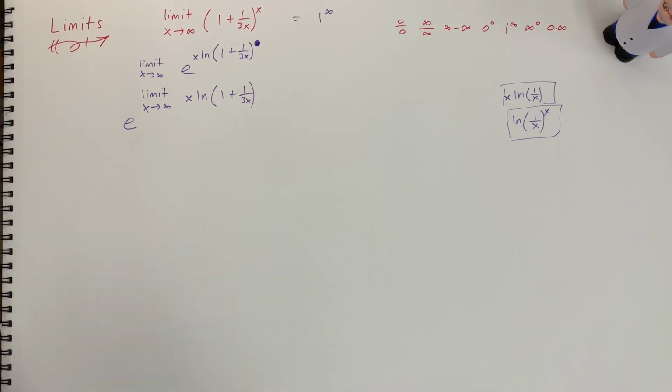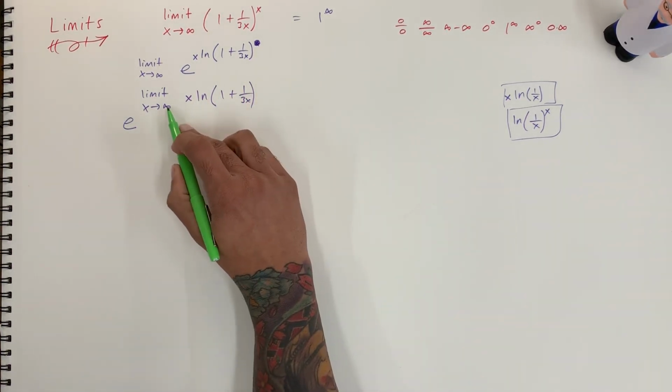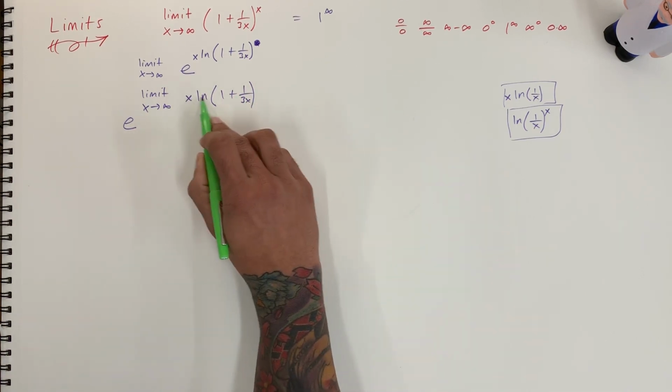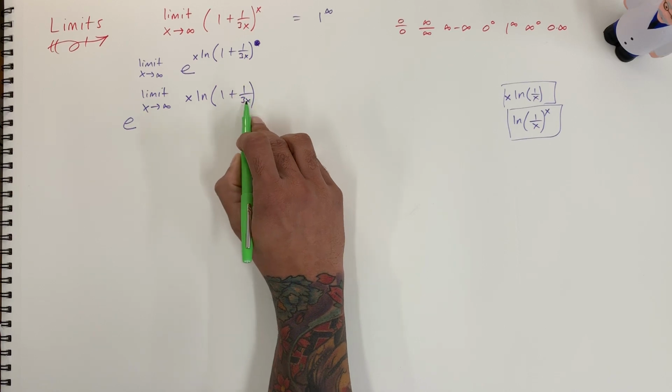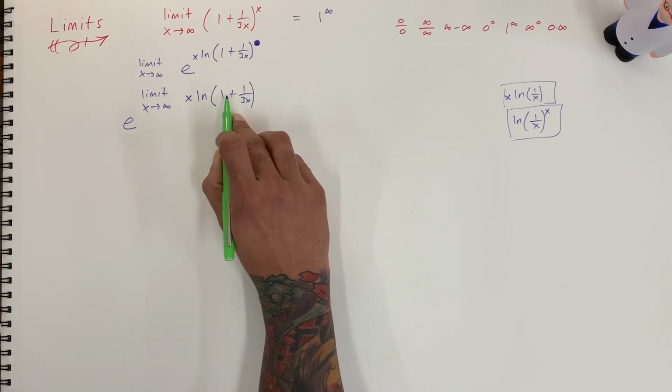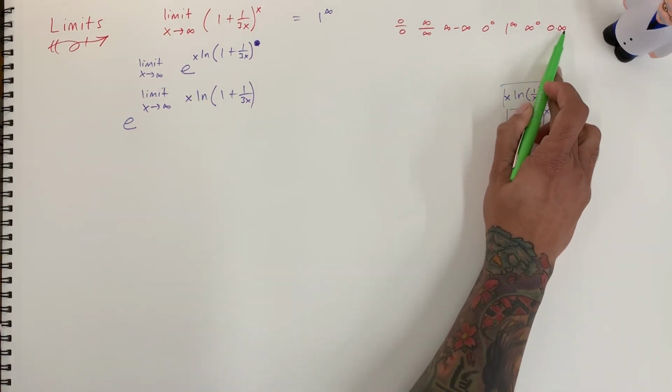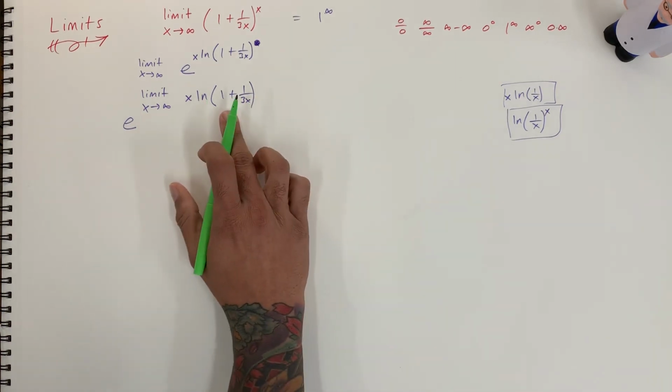We still can't do anything, because if we plug in our limit as x approaches infinity, we get infinity, and 1 over infinity is 0, so ln of 1 is 0, and you get infinity times 0. That's an indeterminate form, and we can't do anything with this.